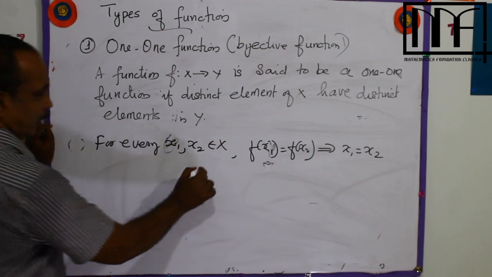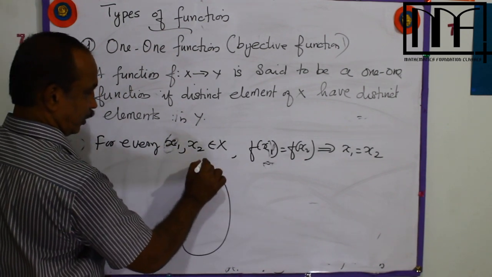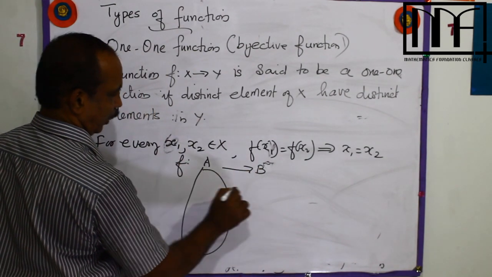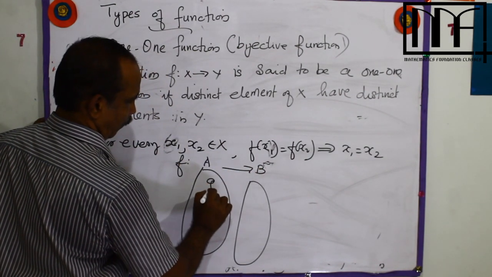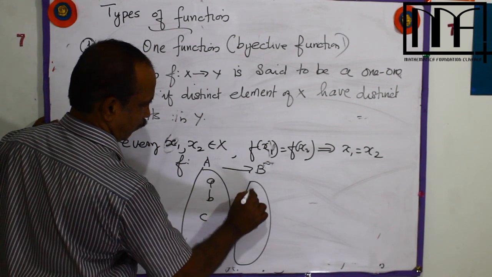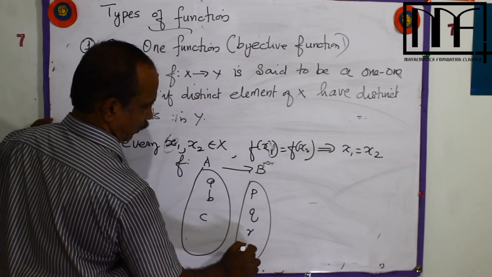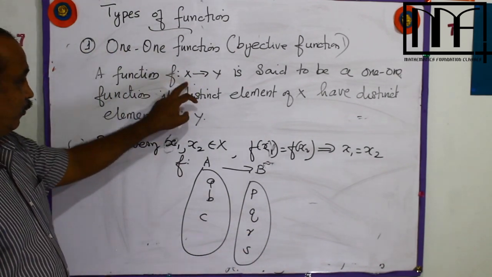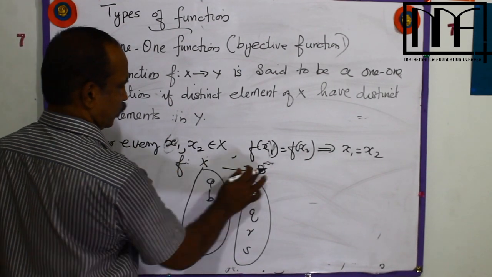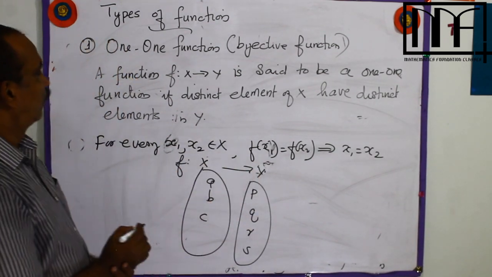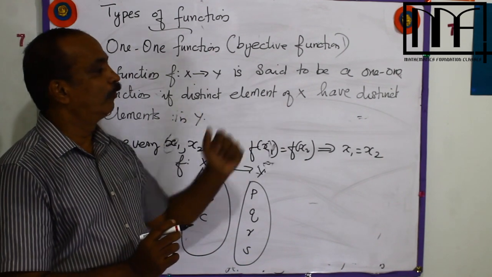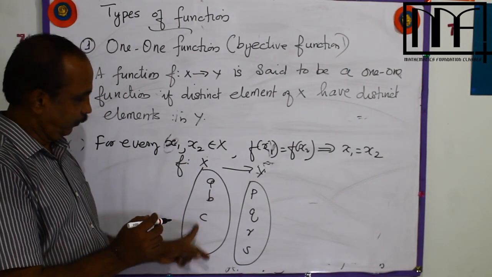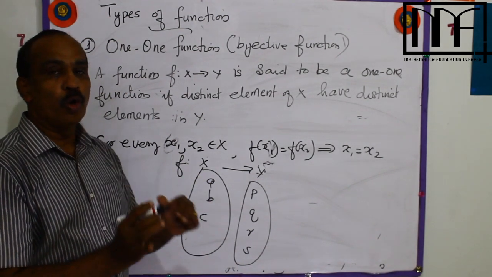Simply, the function from X to Y is said to be a one-one function if distinct elements of X have distinct images, which means each element of the first set, the domain set, has its own image.